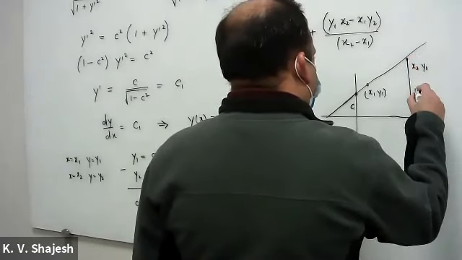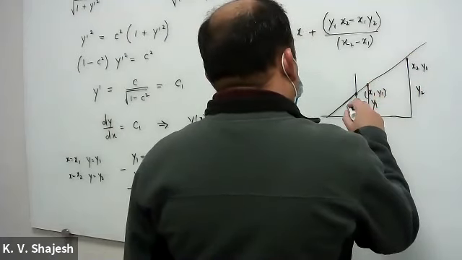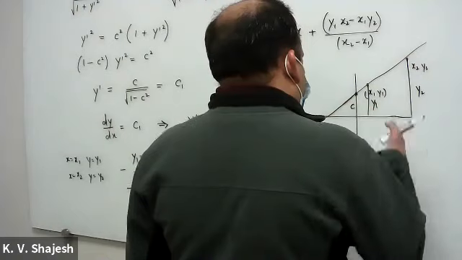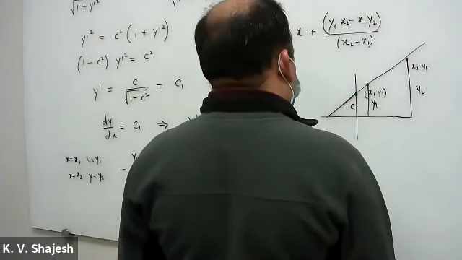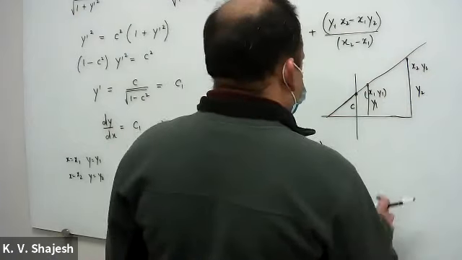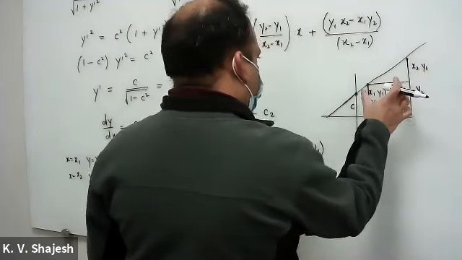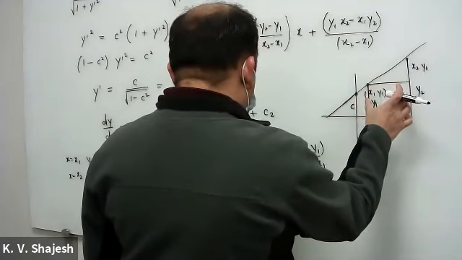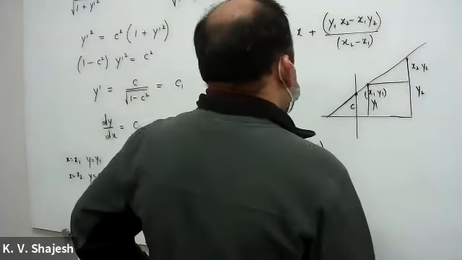That's your y2, that's your y1, and that's your c. Okay. x2 minus x1, so that's this. x2 minus x1, and y1 times x2.